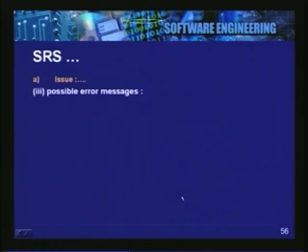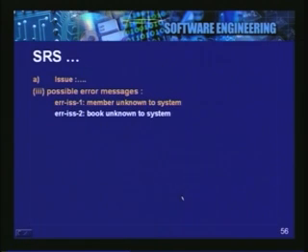Then we also indicate the possible error messages which may occur when the issue activity is being done. There is an error which says the member is unknown to the system. Error 2 says the book is also unknown to the system, that means it is not yet entered into the library system.